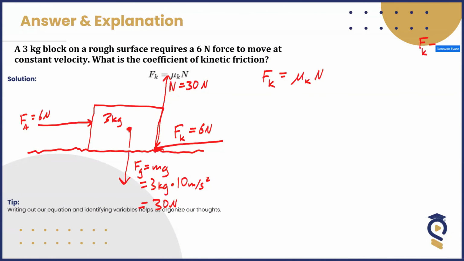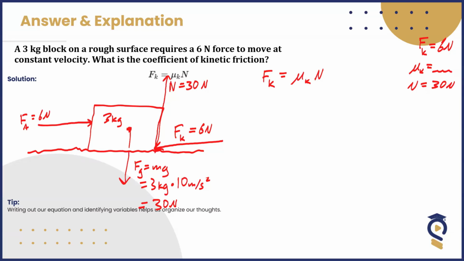I'll say, okay, I have a kinetic friction that is 6 newtons. So that force is 6 newtons. Do I know my coefficient? I don't, and that's okay. What's my normal force? Well, according to calculation, it is 30 newtons.